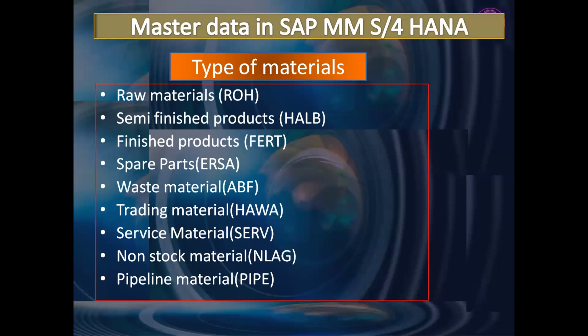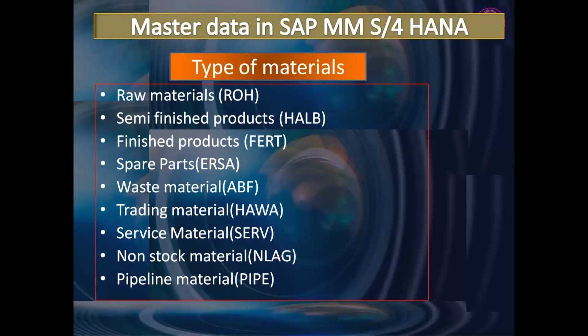That means in trading material, we are not manufacturing. We are buying it or getting it from other locations, from other suppliers, and then we are packing it and selling it to the customer. So trading materials, you can see, are in our day-to-day activity. If we talk about the shirts in shopping malls and all, when you are going to buy something, they are not manufacturing it there, right?